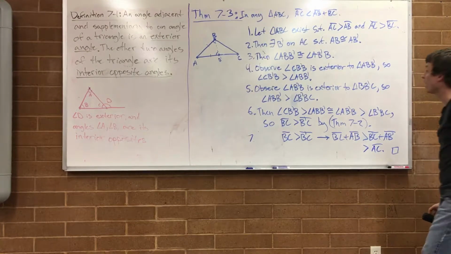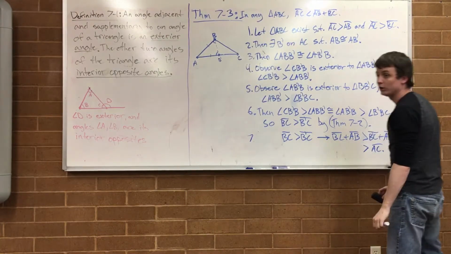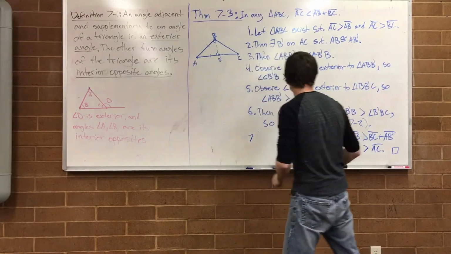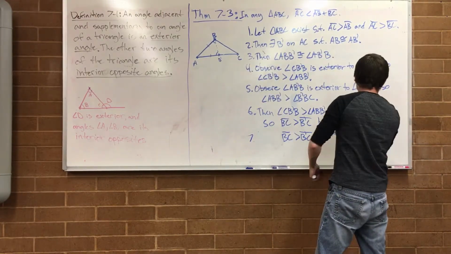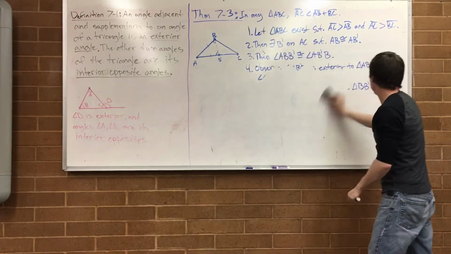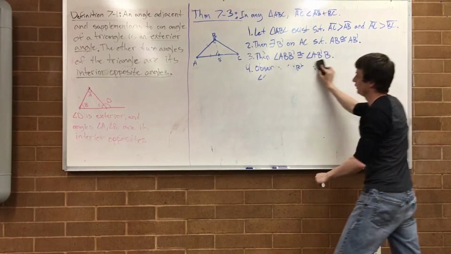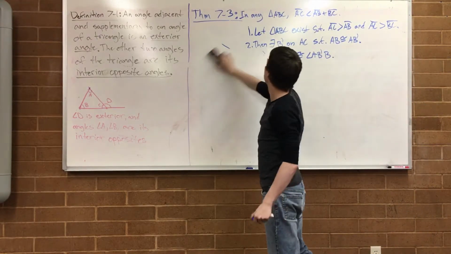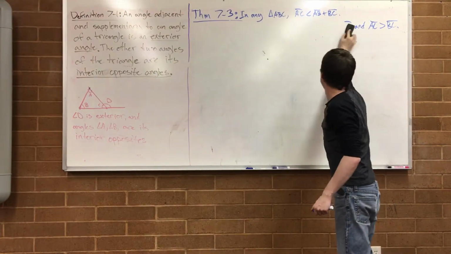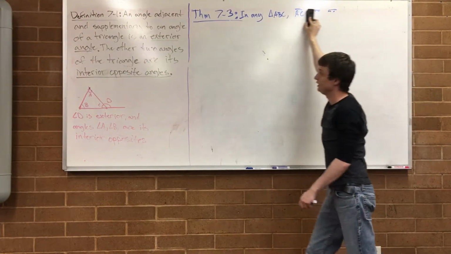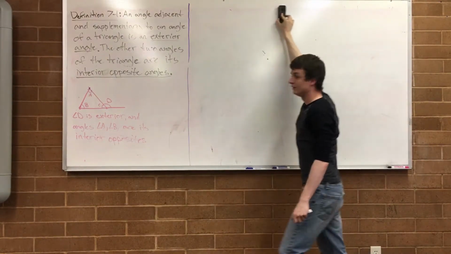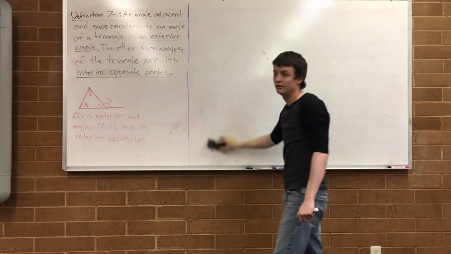You've probably come across a theorem called the triangle inequality in algebra before that captures the same idea. So the triangle inequality from algebra is that the absolute value of A plus B is less than or equal to the absolute value of A plus the absolute value of B. You remember that? You ever come across that? You know what absolute value means? What's the absolute value?